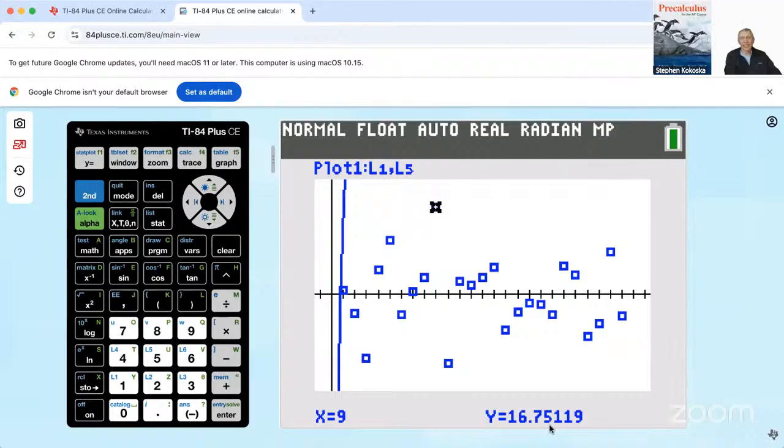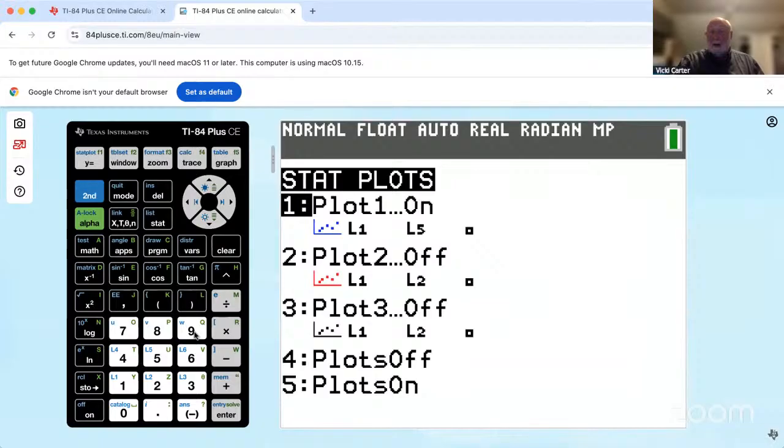And Tom, when you were setting up your stat plot, you could also just put resid in there, without even making one of the lists equal to resid. Good point. But go back to what Curtis said: you better have run the regression before you did, because that's how you know which regression is calculated in there. Right. All right. I'll stop the share there.